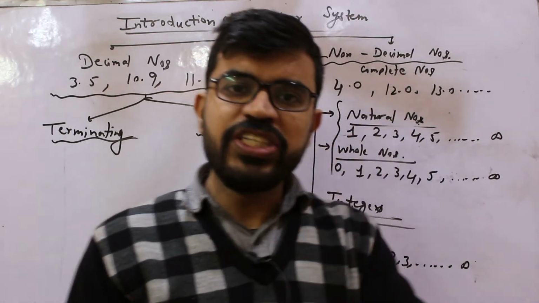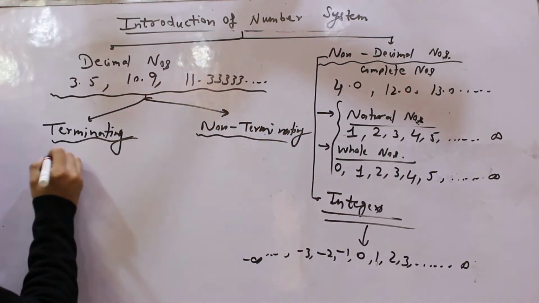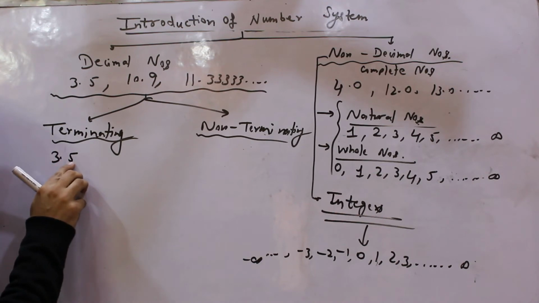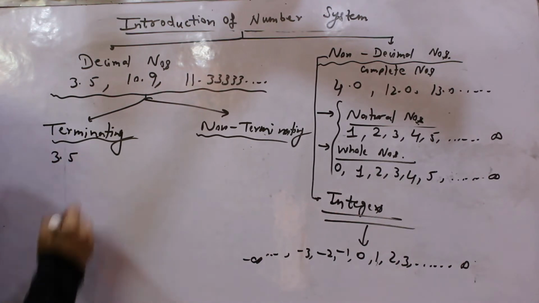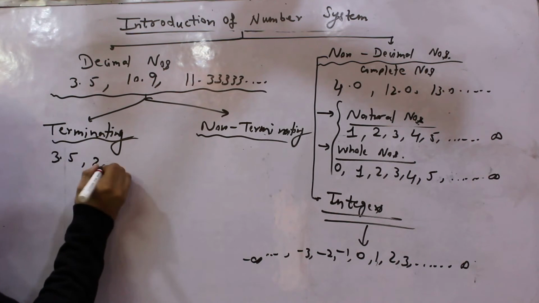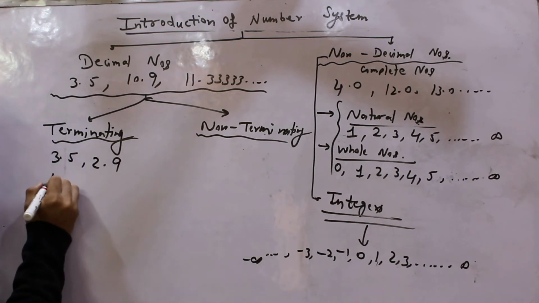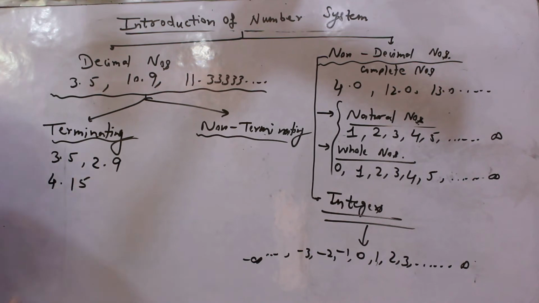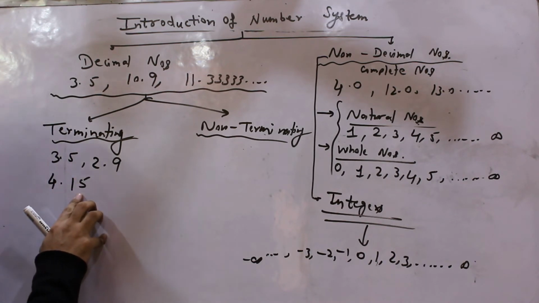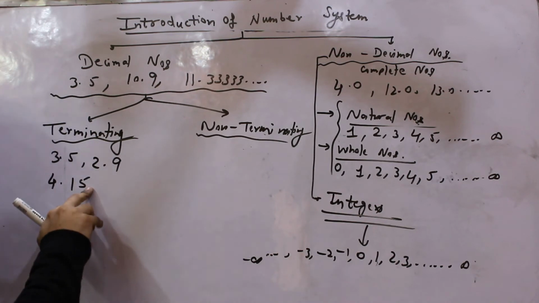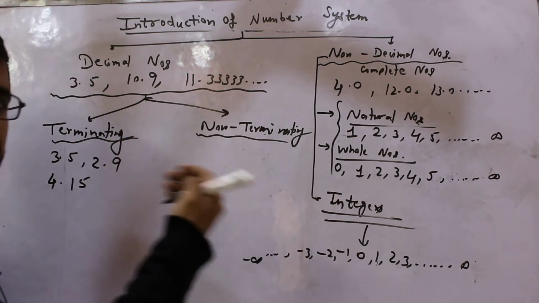Any number which has its end, say 3.5, after the 0.5 this number ends. Say 2.9, so 2.9 has its end. It could be like this, 4.15. After the decimal, we can see there are two numbers, 1 and 5, and after 5 this number terminates here.